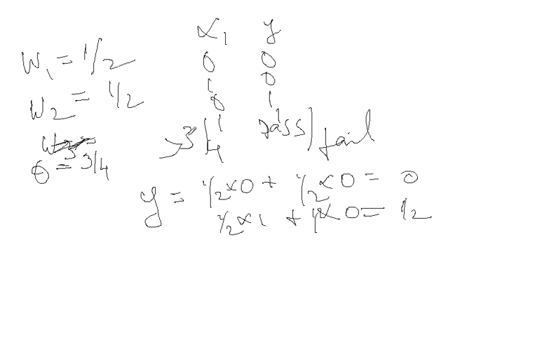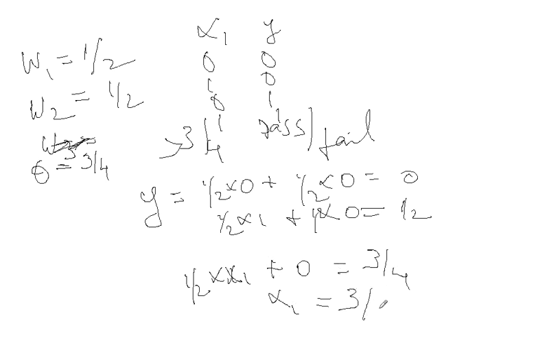Consider this example here: x1 is 1 and y is equal to 0. So half of x1, plus, let us consider y is equal to 0, is equal to 3 by 4. So what will be the value of x1? It is 3 by 2, right?